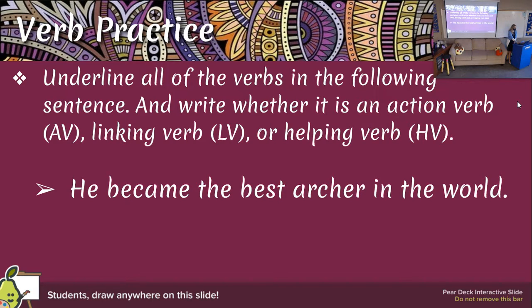Okay, not too shabby. Most of us were able to find the linking verb "became." Now remember, that's not on your list. What's on your list of linking verbs? Become. But remember I told you that the conjugations, so the past tense and the past participles and all those fun things, they can also be linking verbs.